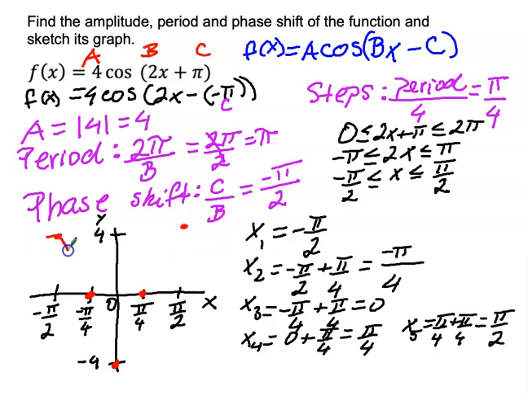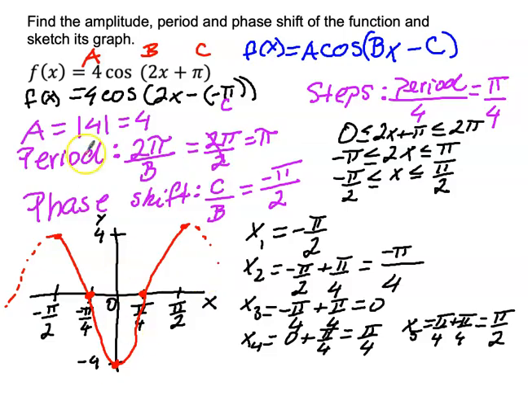So the function looks kind of like this. If we wanted to continue, the function just goes down again over here, okay? Now, this is only one period of the function.